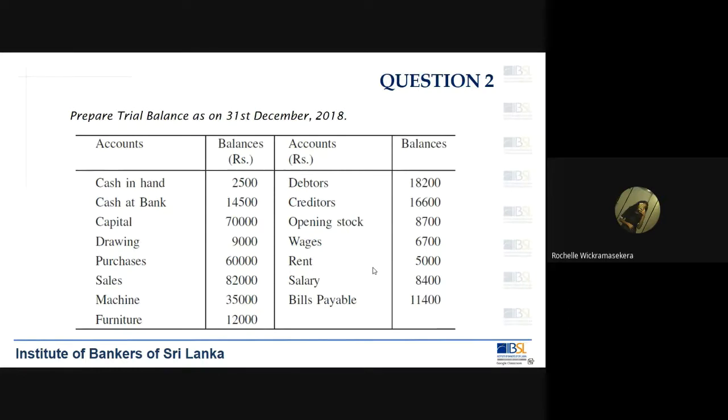Wages is given on a daily basis. Salaries are paid to permanent employees, but wages are paid for temporary. Very good. Very, very correctly said.